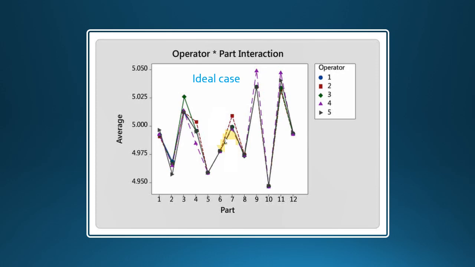Ideally, our measurement system would be able to detect any differences in parts collected from the process. If the measurement system itself has little error, then all operators should consistently obtain similar results when measuring the same parts. As a result, the lines and points on the graph are very close or overlap.